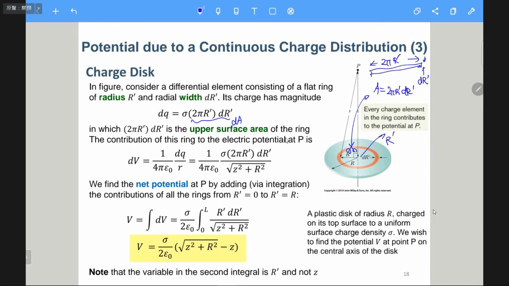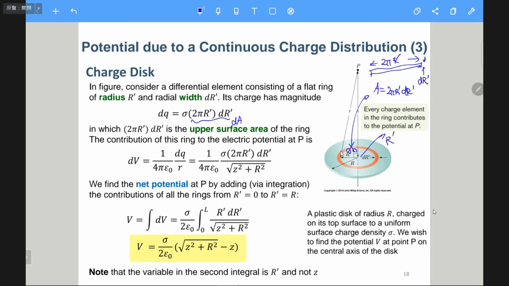Next we have this expression, which is just the definition we derived just now. We can plug this into here, so we have sigma 2 pi r prime times dr prime. Similarly, we consider the ring with radius r prime, and the point which is z from the plate.